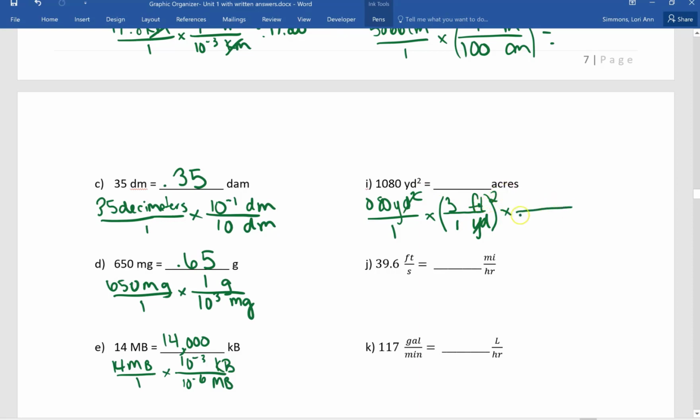Up above, I give you the conversion of 43,560 square feet is equal to 1 acre. When you cancel that, the unit that you'll be left with is acres.